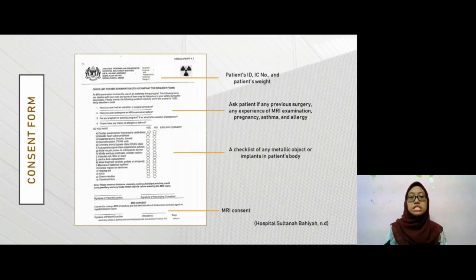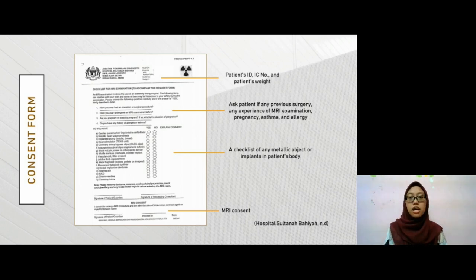We can see there is the patient's ID and IC number. This is important for verification of the patient, and also the patient's weight. Patient's weight is important when we want to inject the contrast material.